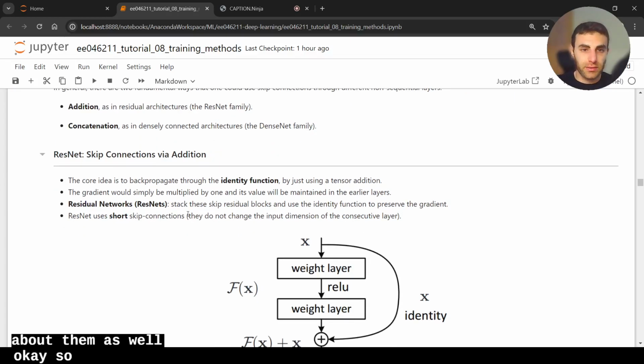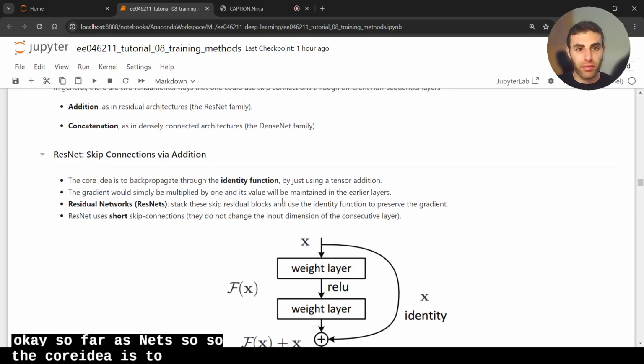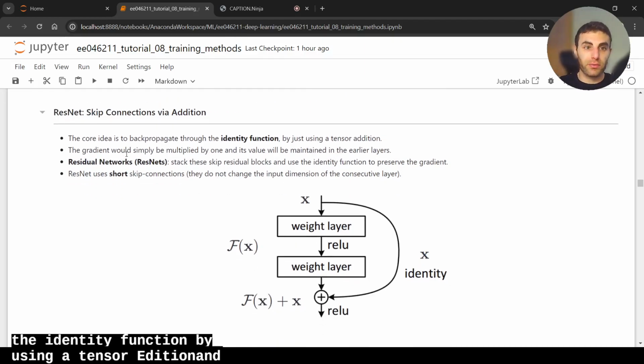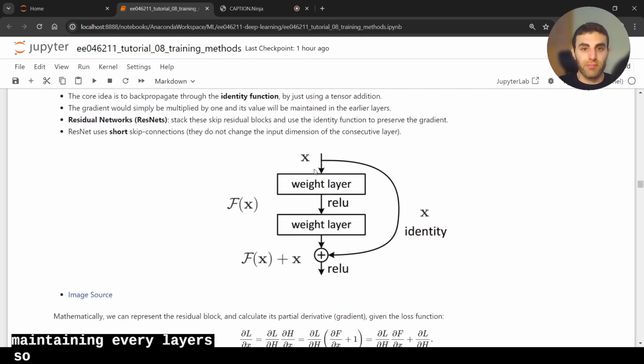Okay, so for ResNet, the core idea is to backpropagate through the identity function by using a tensor addition. The gradient would simply be multiplied by one and will be maintained in earlier layers. So it's very simple. Here is an example of what happens. You have X, you input it to the residual layer, you apply some convolution or anything, and then you just add the input to the output, right? This is also called a short skip connection, and we do not change the input and output dimension.